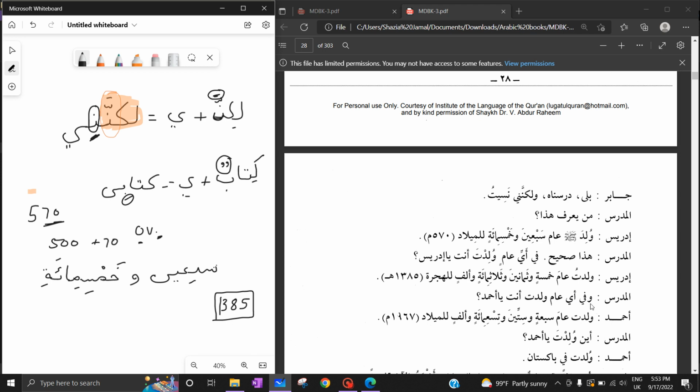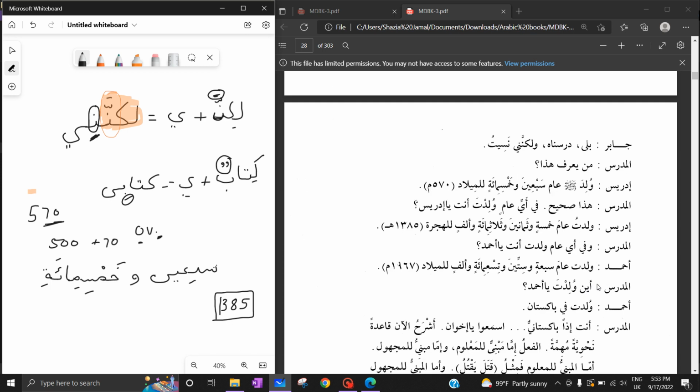So Mudarris says, wa fi ayyi am wulidta anta ya Ahmad. He's asking Ahmad about his birth year. He says wulidtu ama, and the same pattern follows. Sab'atin. Sab'a is 7. Wa sittin. Sittin is 60. Okay, 67. Now tis'a mi'atin.